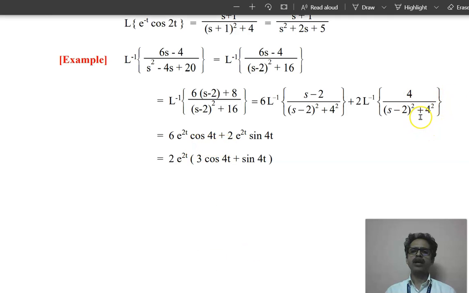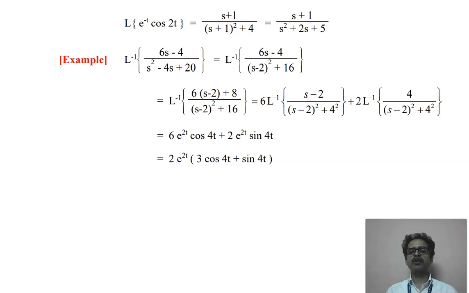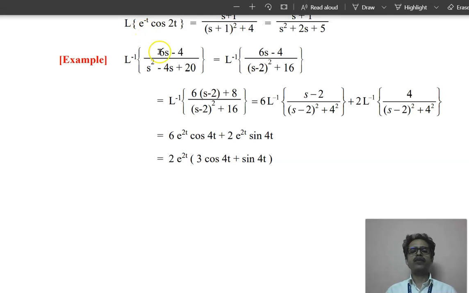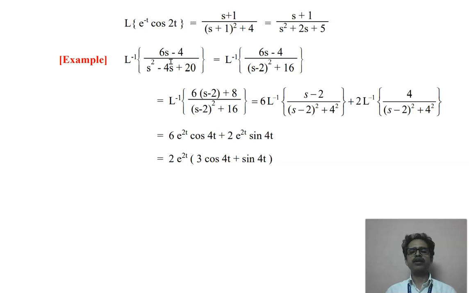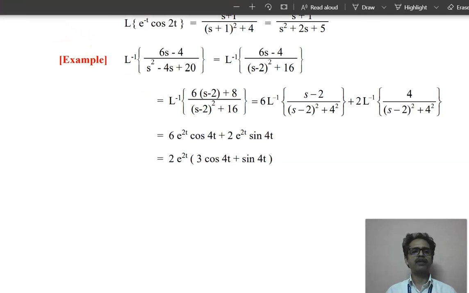In the second term again e raised to 2t, and you can see here 4 upon s square plus 4 square, which is nothing but the inverse Laplace transform, sine 4t. Between these two terms e raised to 2t is common, and like this we obtain the inverse Laplace transform by using the first shifting theorem. So in the last two problems we have used the first shifting theorem for the Laplace transform, and in the last example we have used the first shifting theorem for the inverse Laplace transform. This is really a very important property.